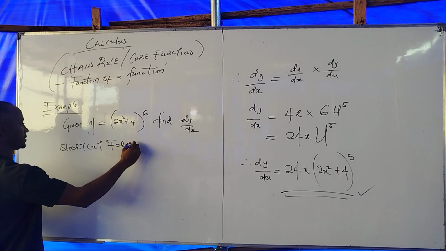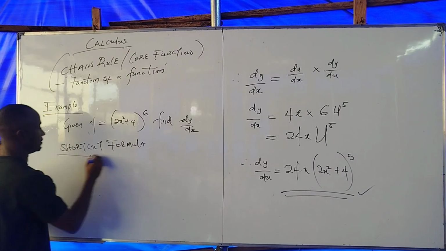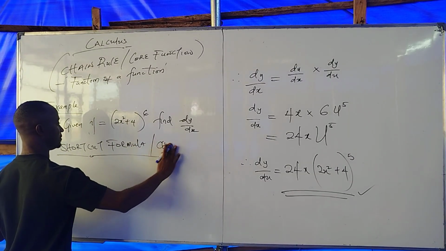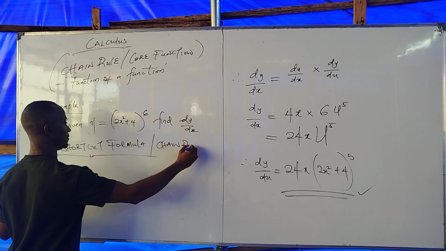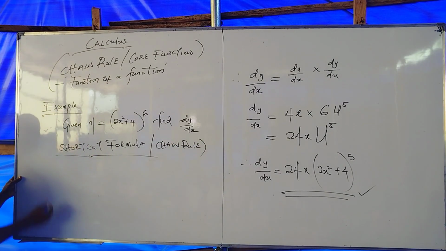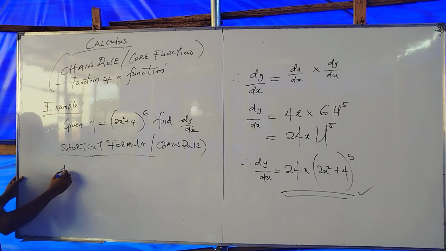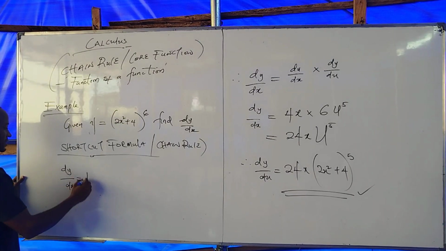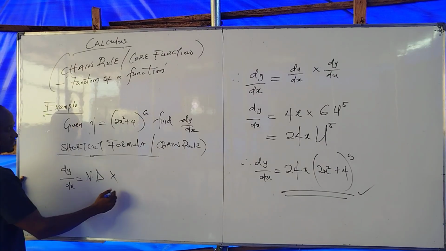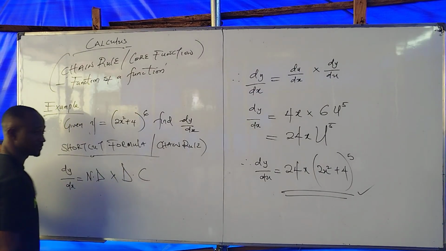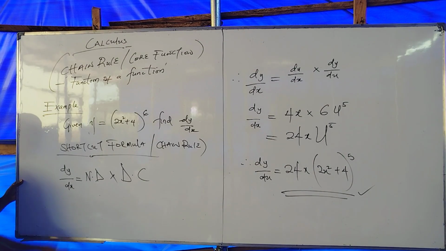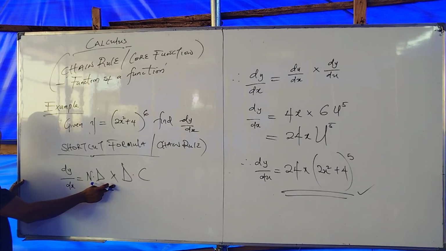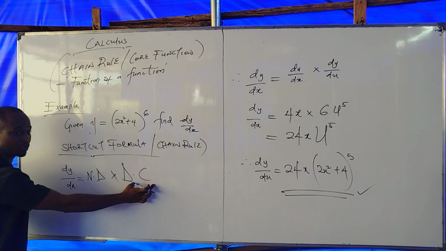The formula for the chain rule shortcut simply says that dy/dx is equal to normal differentiation times differentiation of the co-function. What's that representing? Normal differentiation, multiplied with differentiating the co-function.